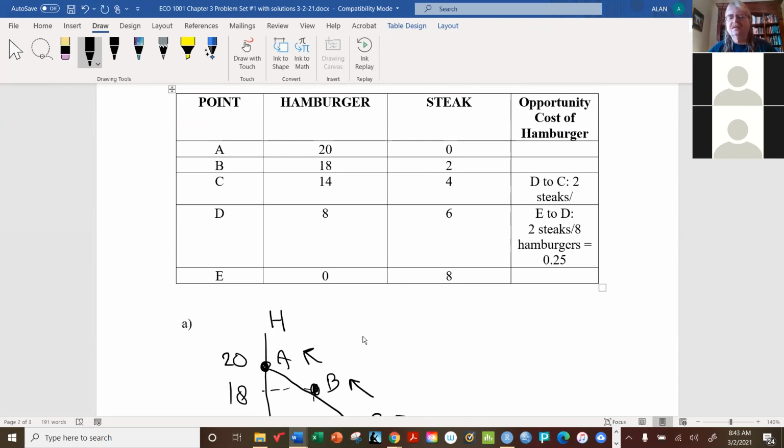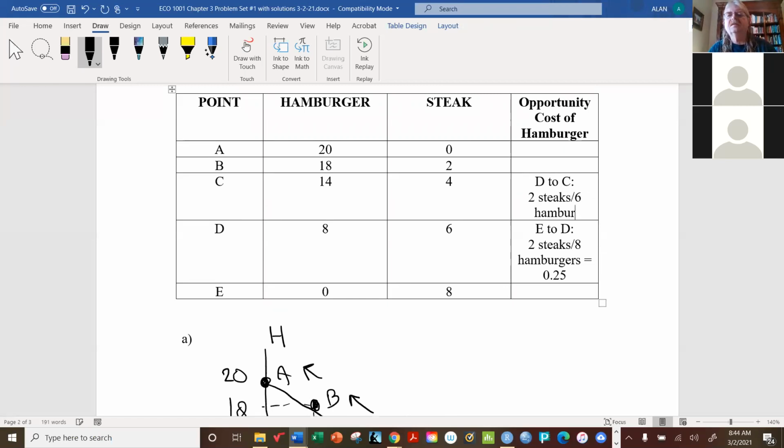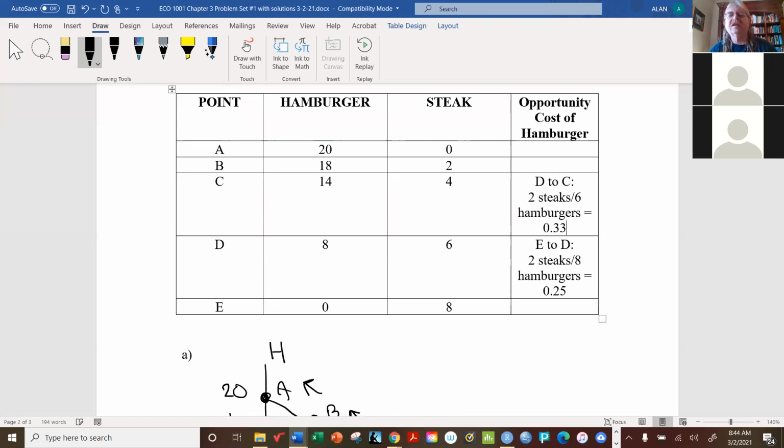In the process, how many hamburgers are you picking up? This time we're picking up only 6. Okay, we go from 8 to 4. So we gain 6 hamburgers. And so that's let's say 0.333, 1/3.